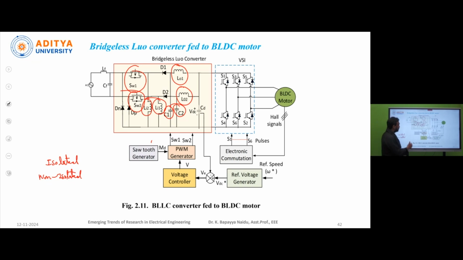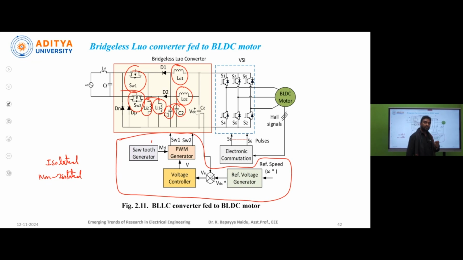Here also we are using the voltage multiplication technique for giving pulses to the switches SW1 and SW2. In previous converter topologies, either Zeta or SEPIC, we use only one switch. But in the case of bridgeless Luo converter, it consists of two switches SW1 and SW2.